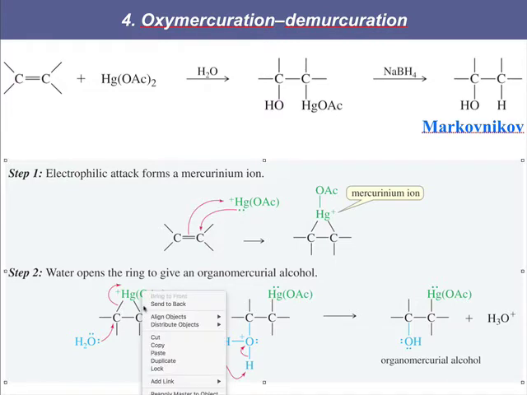Now, that is by default Markovnikov's rule. By water attacking the more substituted carbon, it will leave mercury on the less substituted carbon, meaning the carbon that has the fewest carbon groups on it, or in other words, the carbon with the most hydrogens. So you end up with this big bulky mercury group on the carbon that has the most room for it.